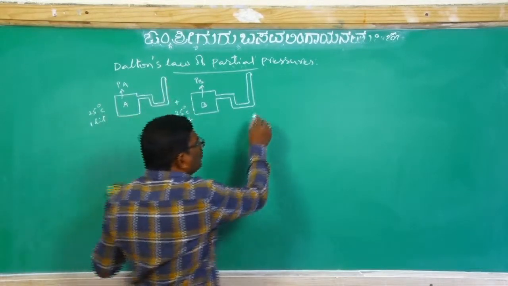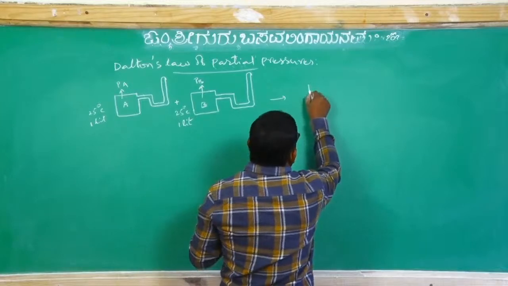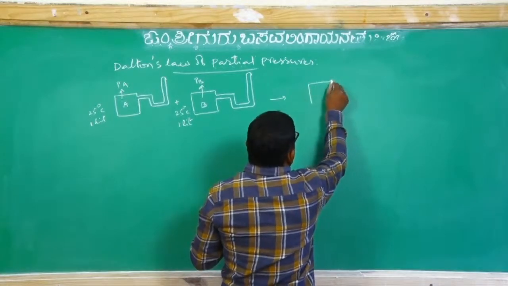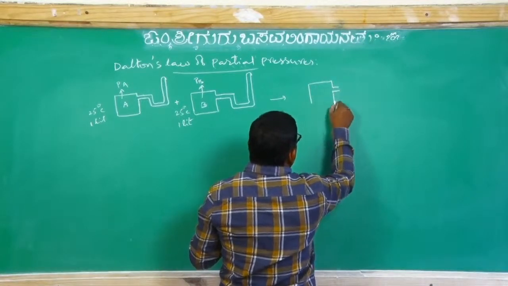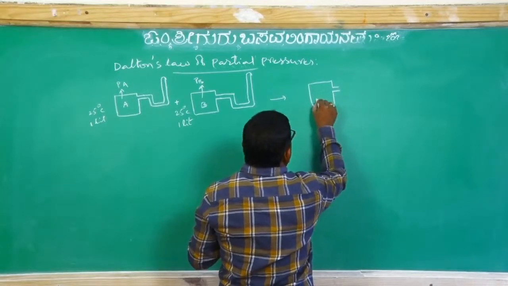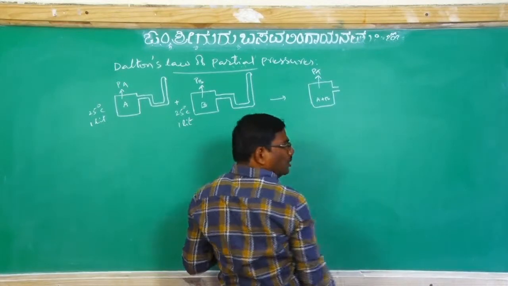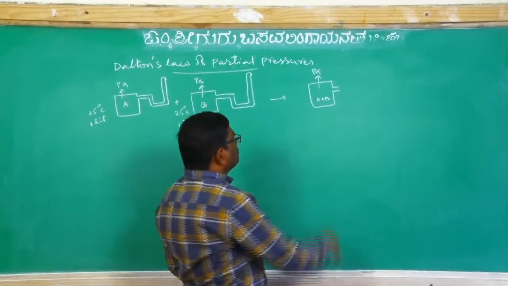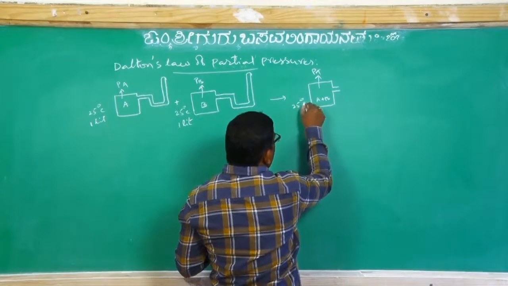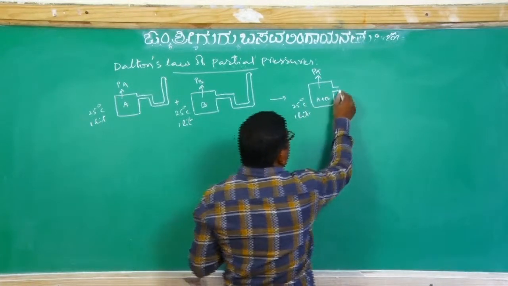When these two are sent into another 1 liter vessel, it is A plus B. A plus B collectively exerting pressure is the total pressure. This is also existing at room temperature in 1 liter volume.